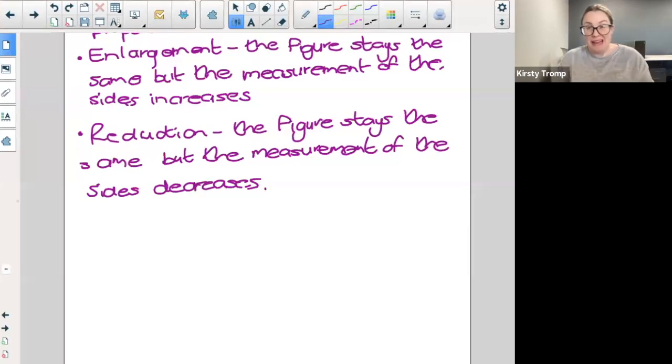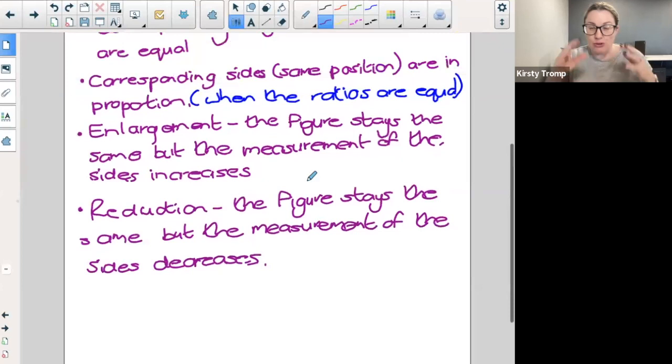Okay, so let's go have a look at what a reduction would look like. So when we go reduction, we're going to make it smaller. So with reduction, what are we doing? Reduction, we're making a drawing smaller.